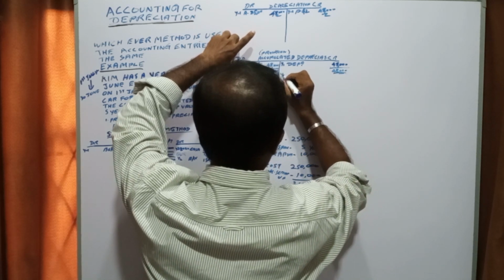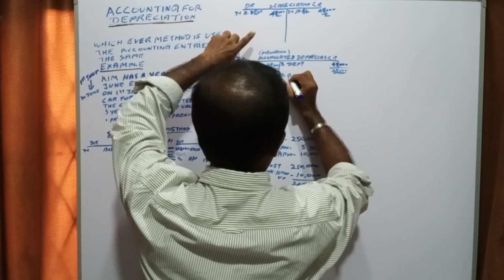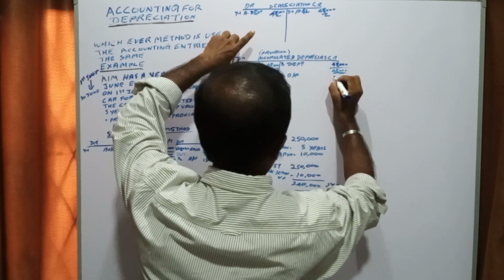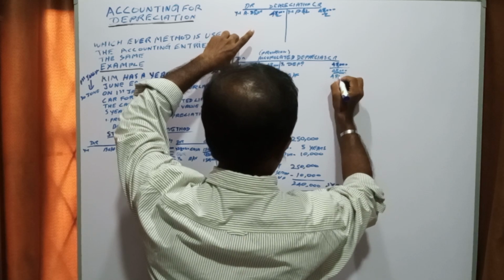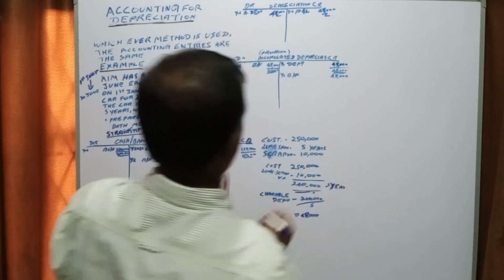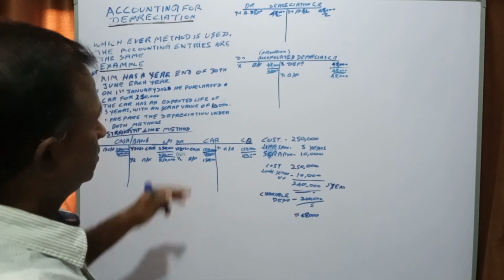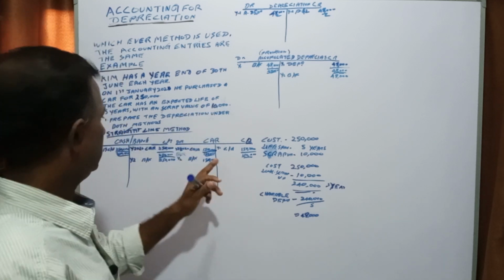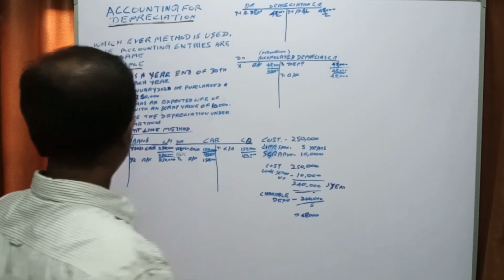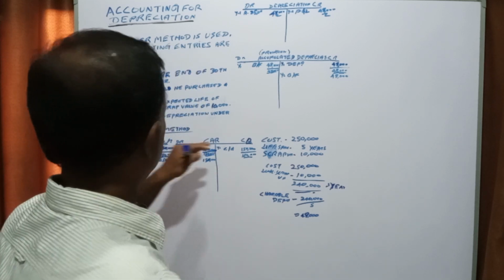Year 2. Balance brought forward is 48,000. This is the first year. Second year, again we are charging. There are no changes in cash or car.